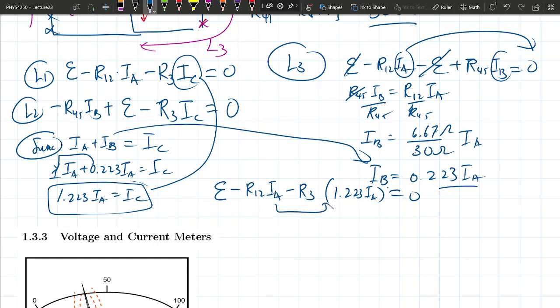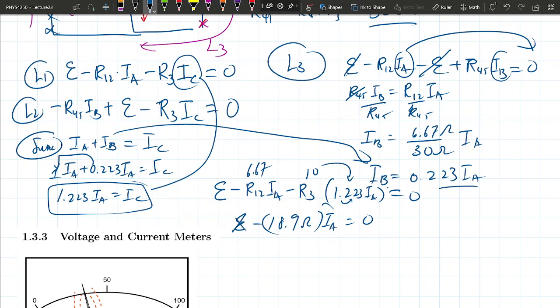Now I can combine these together. Remember that R12 is 6.67 and R3 is 10. So multiplying this number by 10 just moves the decimal over by 1. If you add all these together, you end up with 1.223 times 10 plus 6.67, so you end up with 18.9 ohm times IA equal to 0.